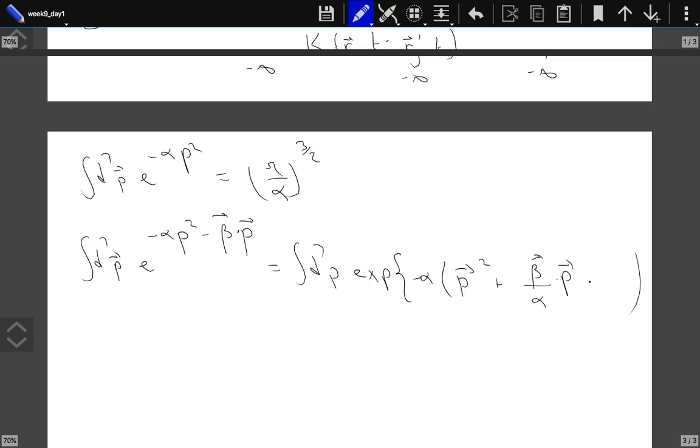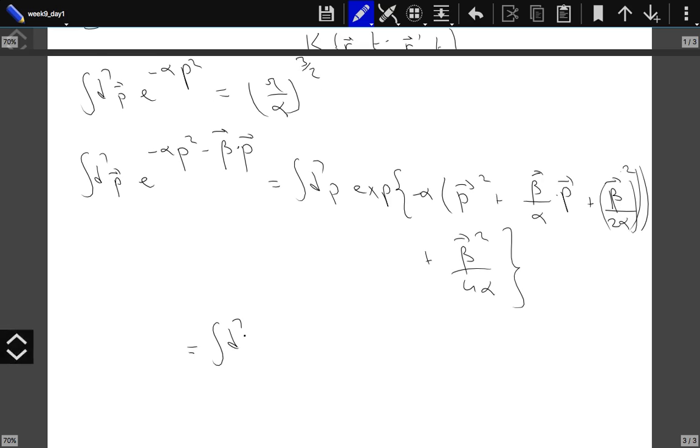Now I will just add a term here, which is beta squared over 4 alpha squared, and then I need to subtract that term. I don't want to change my expression, so I should add plus beta squared over 4 alpha. I'm just completing the square. That's what I will be doing. The two terms that I added just cancel each other, so I didn't really change my integral.